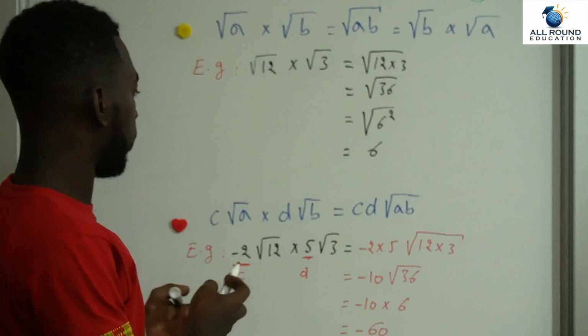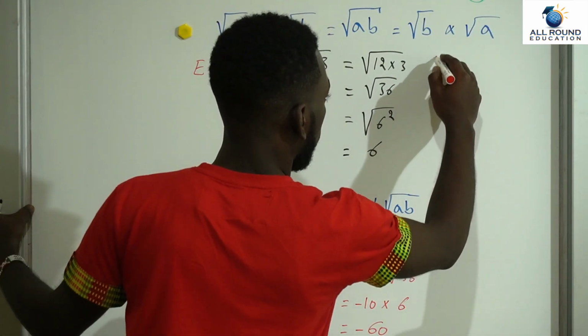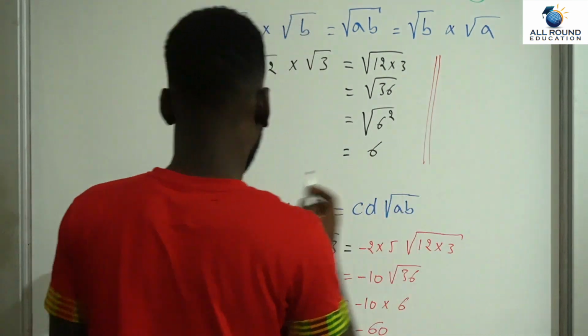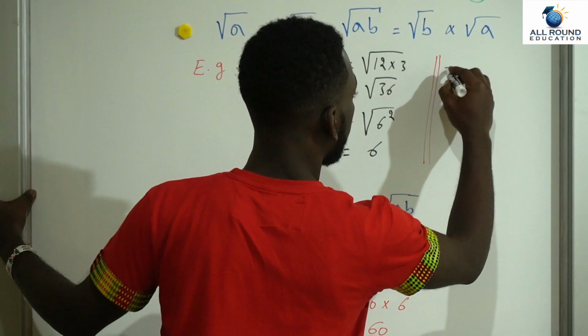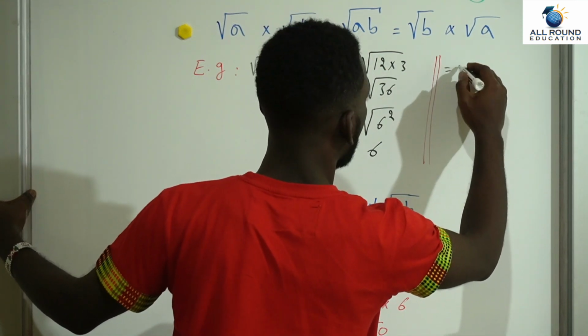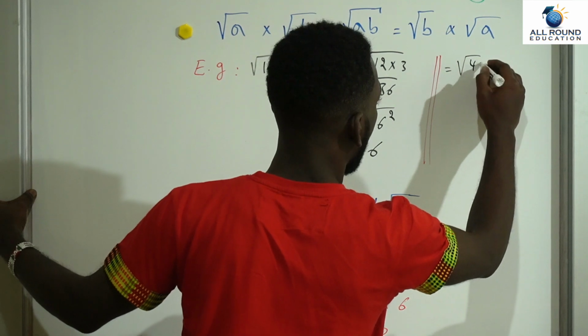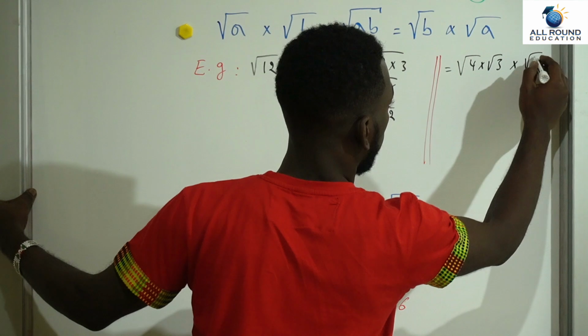What I can do differently is this. We know that if you divide 12, the highest perfect square in 12 is 4, right? You'd have the square root of 4 times the square root of 3 times the square root of 3.